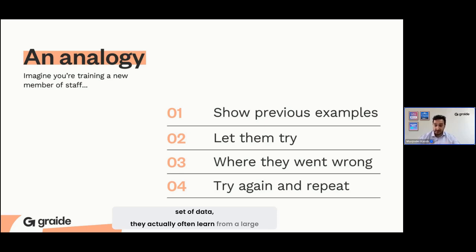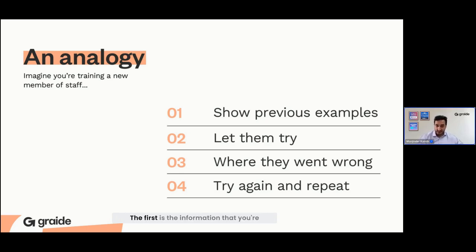They actually often learn from a large set of data, where they take that information, they run it through some mathematical system, the details of which are beyond the scope of this talk, and they are able to do things which we like to think are very human in output, whether that's being able to write, maybe that's to create images, maybe that's to be able to classify certain outputs. So there are a few components to that machinery that we really need to think about.